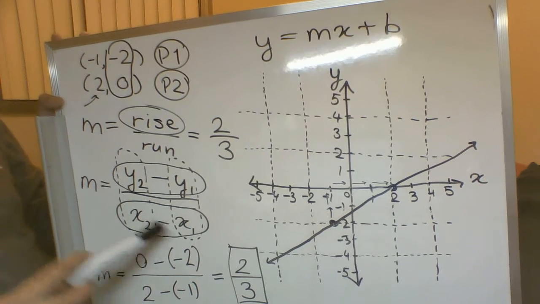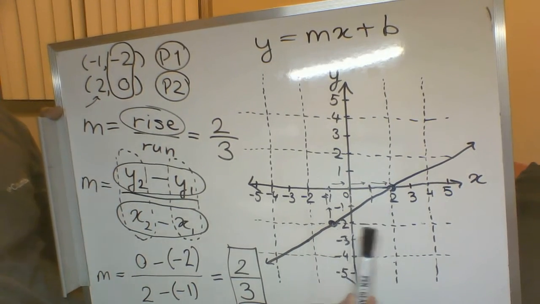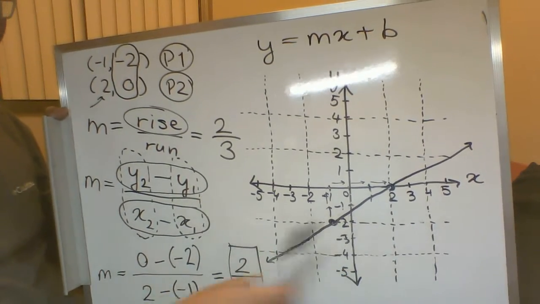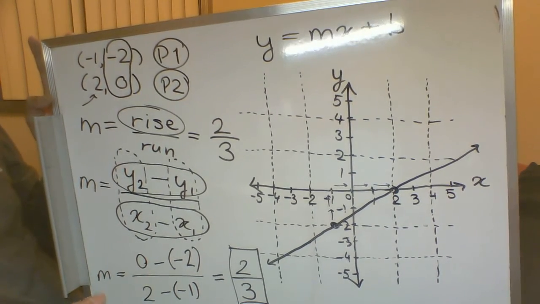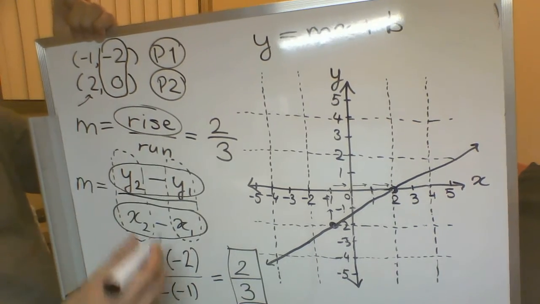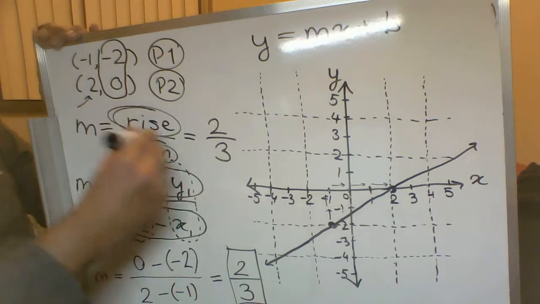So if you just compare the x coordinates of two given points, you're only caring about the run, how far across in the horizontal direction you have to travel to get from one to the other. So the difference in those x coordinates tells you the run, and the difference in the y coordinates tells you the rise.